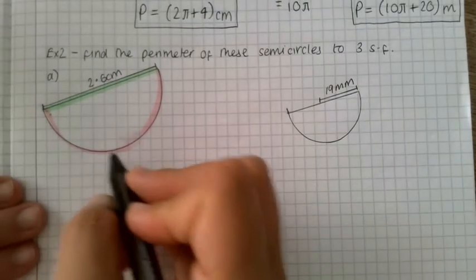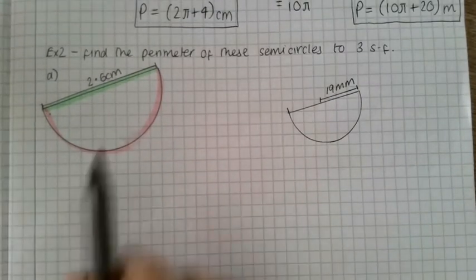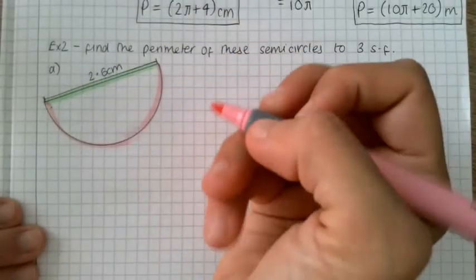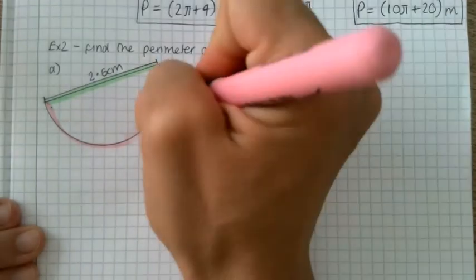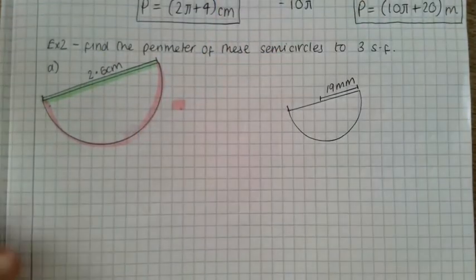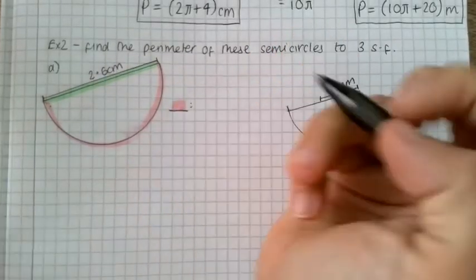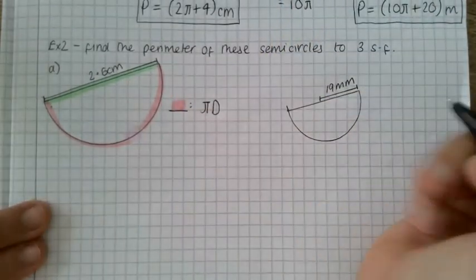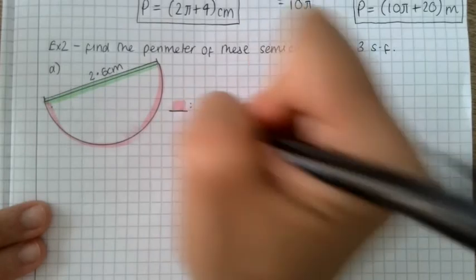I'm going to find the length of the pink side length first. So the pink side length is going to be pi d for a full circle, but divided by 2.